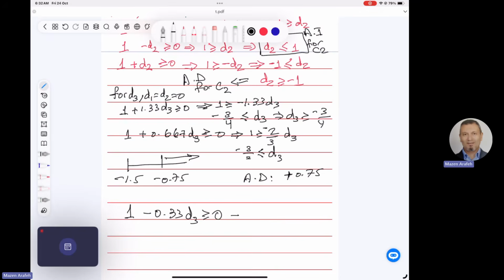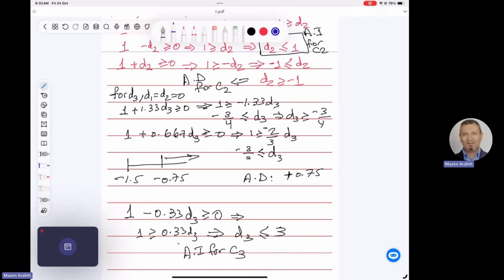Okay, so now we set this to the other side, so 1 is greater than or equal to 0.33 D3, and therefore we multiply by 3, D3 is less than or equal to 3, and this will be my allowable increase for C3. By this, we have finished the allowable increase and decrease for C1, C2, and C3.